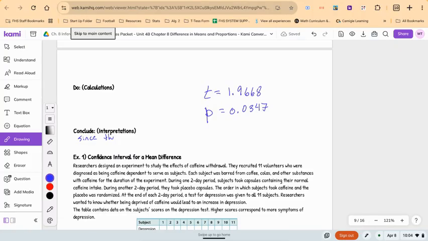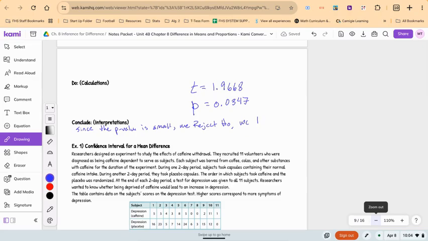Since the p-value is small, we reject the null hypothesis. We do have evidence to support that the express lane is faster.